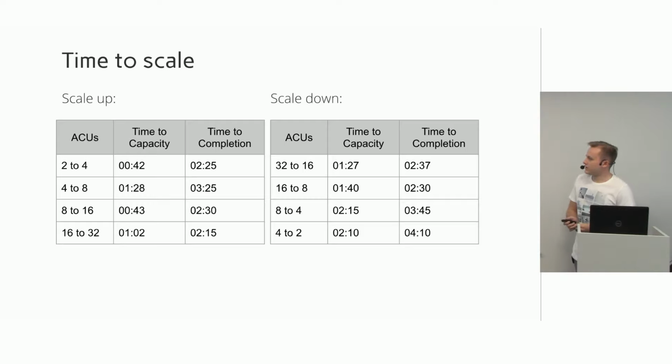And as you can see, the time for scale up is approximately 1 minute, which is kind of good for most scaling, because CPU and memory for databases grow twice every time, so it will be enough to prepare your database for a huge load.